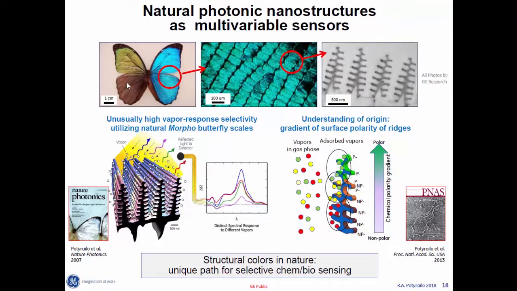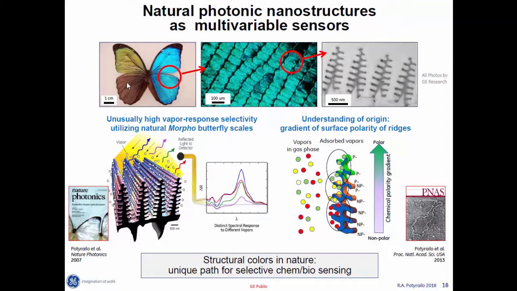These are the horizontal ones. When the light interacts with these structures, that's the origin of the iridescence. So we have learned that if we expose these structures to different vapors and look at differential reflectivity, we see a very unusual, high selectivity of response to different gases or vapors.